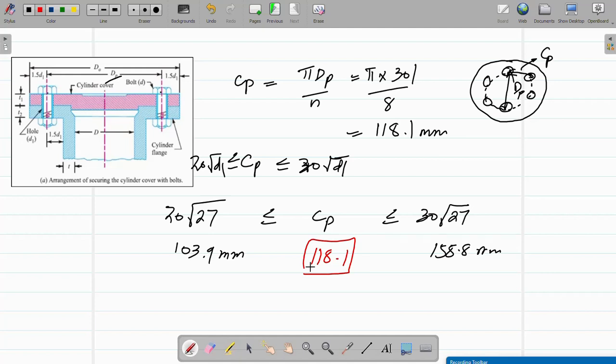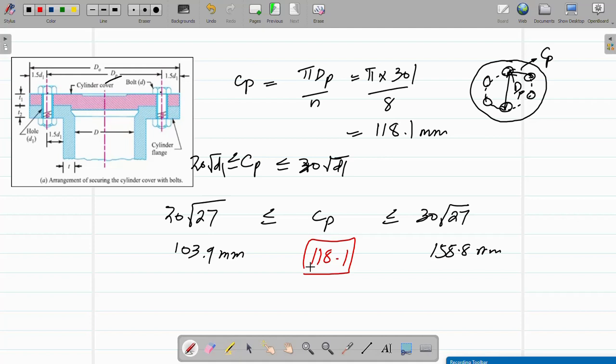But if your design is not leak proof, at least in exams, you just write how it can be made leak proof. You see whether you have to increase d1 or not, whether you have to change other parameters, whether you have to decrease dp or not. You have to provide suggestions in one or two lines.